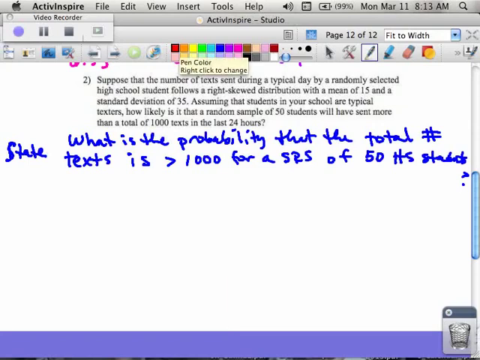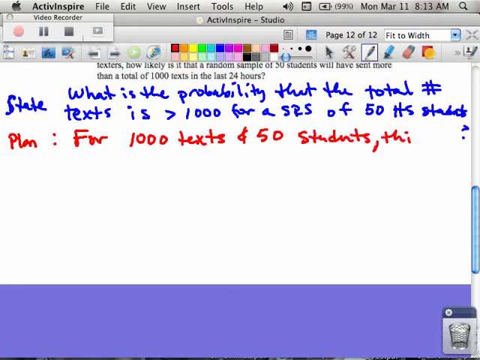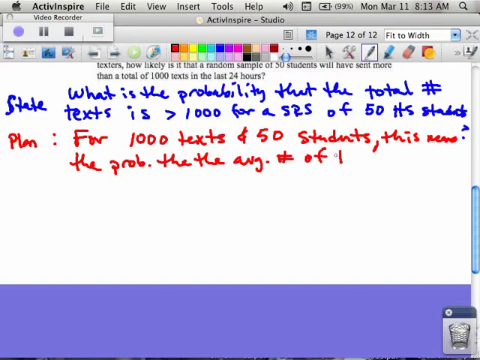And then in the next step, when we plan, the thing that's kind of interesting is that for 1,000 texts and 50 students, this means the probability that the average number of texts per student is greater than 20.